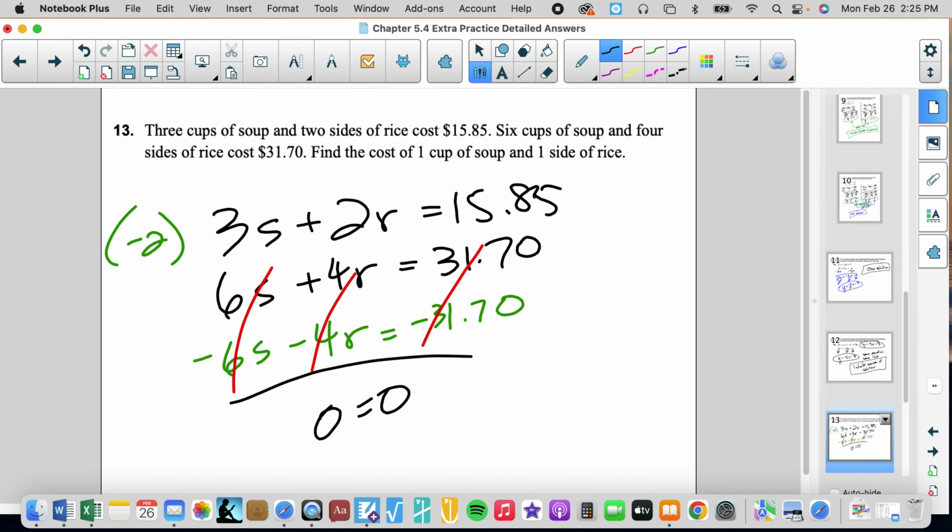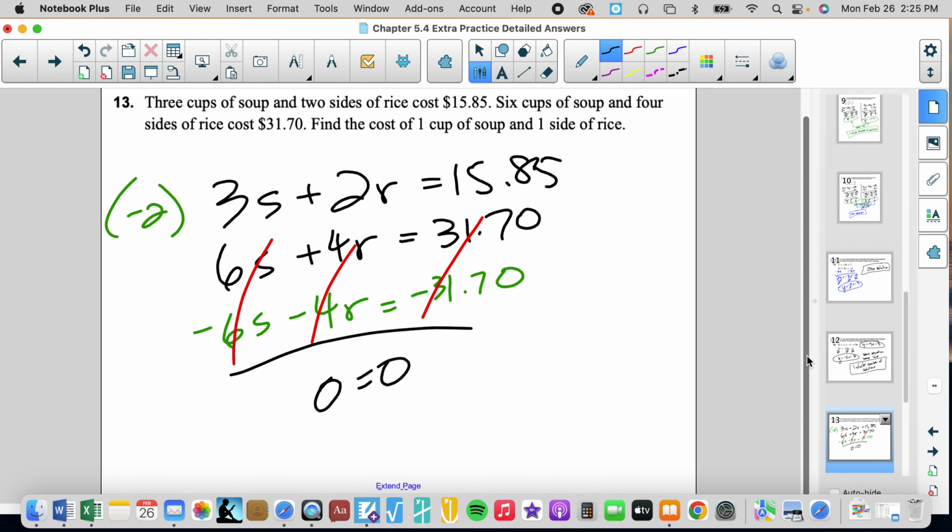So technically, they're going to be, right? Did I do that right? 6, 4, double that, 30, 85 and 85 is 170. So what does that mean? So that means that there's going to be an infinite number of solutions.